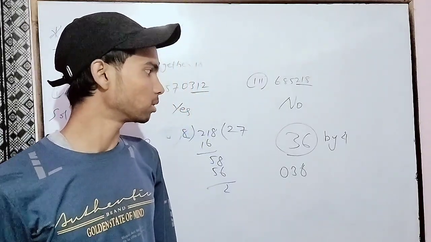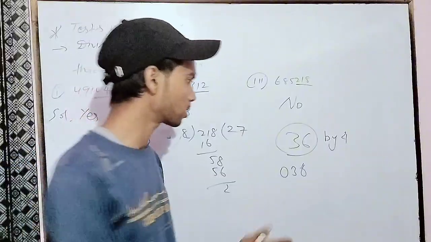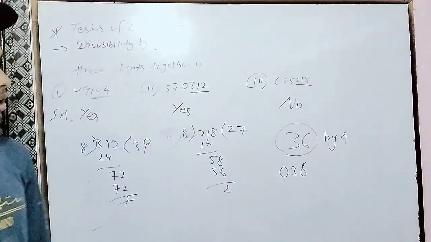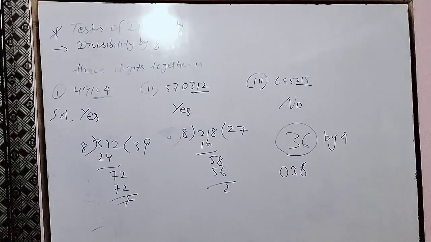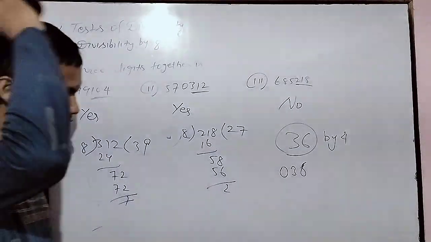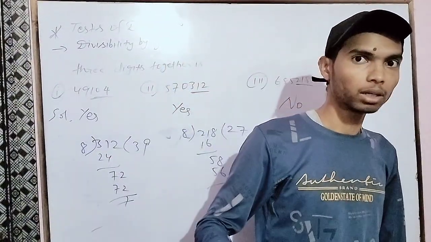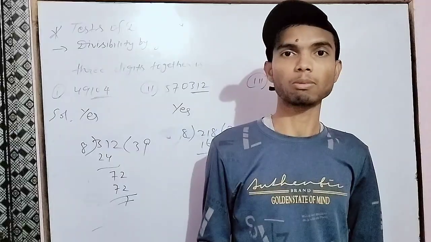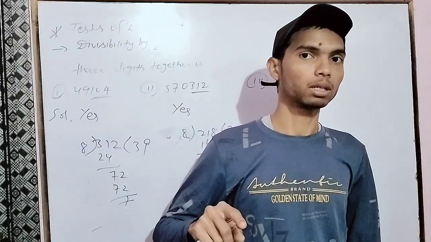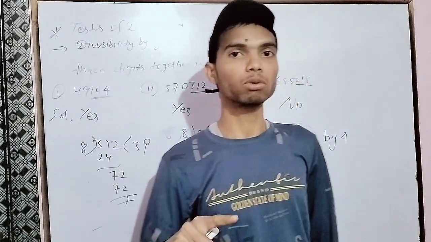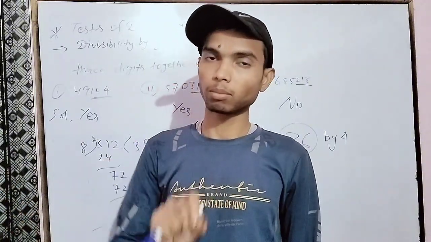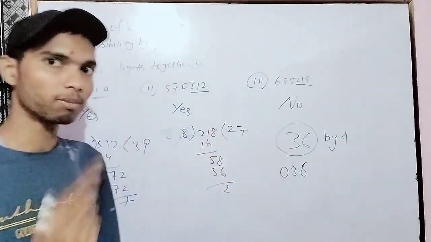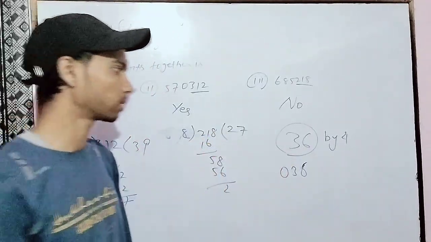Of course, no. A number which is divisible by 8 will be divisible by 4. But a number which is divisible by 4, it is not compulsory that the number will be divisible by 8.